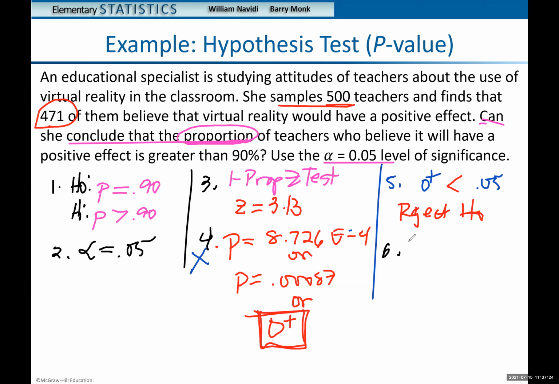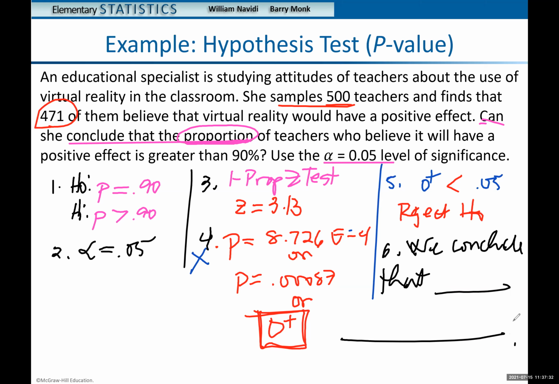And if we reject the null hypothesis, we always start with, we conclude that... how do you complete that sentence? We can conclude that the proportion of teachers who believe that VR will have a positive effect on education is greater than 90%. Yes.